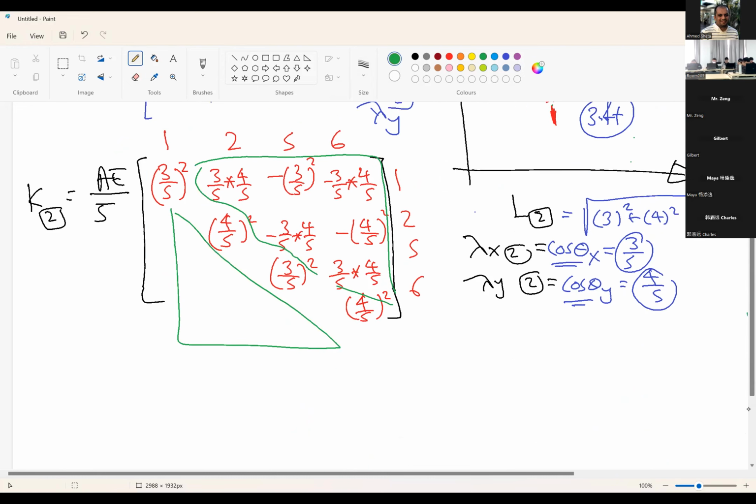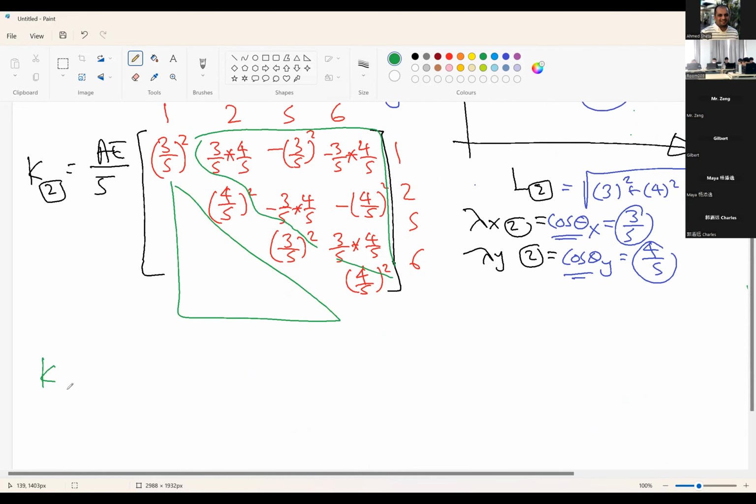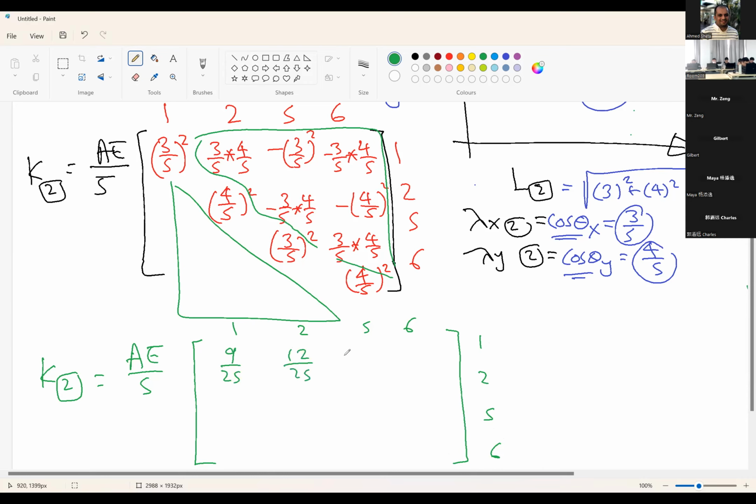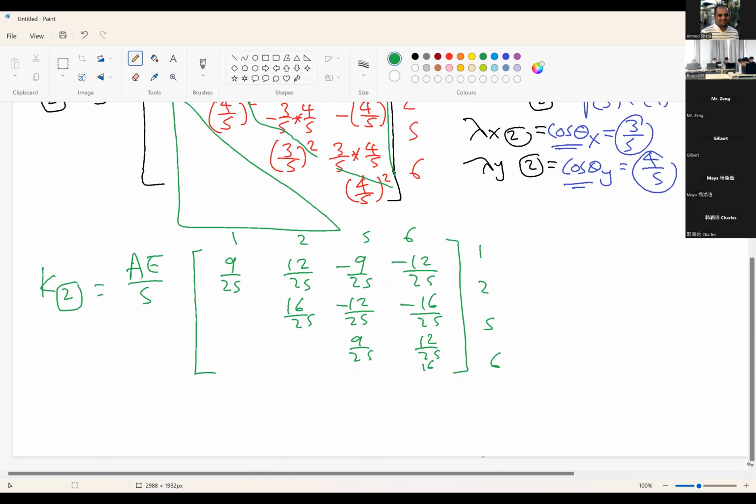Now to figure out K2, K2 will be AE over 5, with rows and columns 1, 2, 5, 6. So it will be 9 over 25, 12 over 25, negative 9 over 25, negative 12 over 25, 16 over 25, negative 12 over 25, negative 16 over 25, 9 over 25, 12 over 25, and finally 16 over 25.